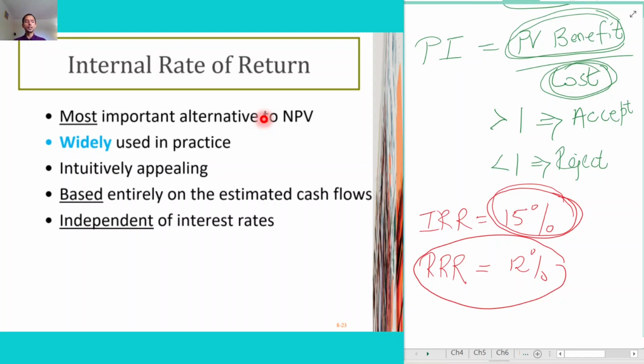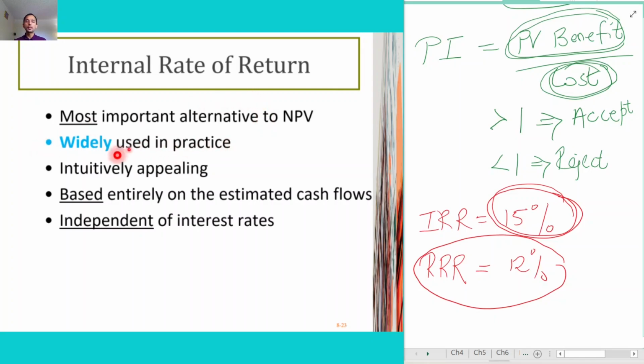Over 90%, I think 92, 93%, said they also use IRR. And about 83% said they use payback period. So those are the top three widely used in practice.